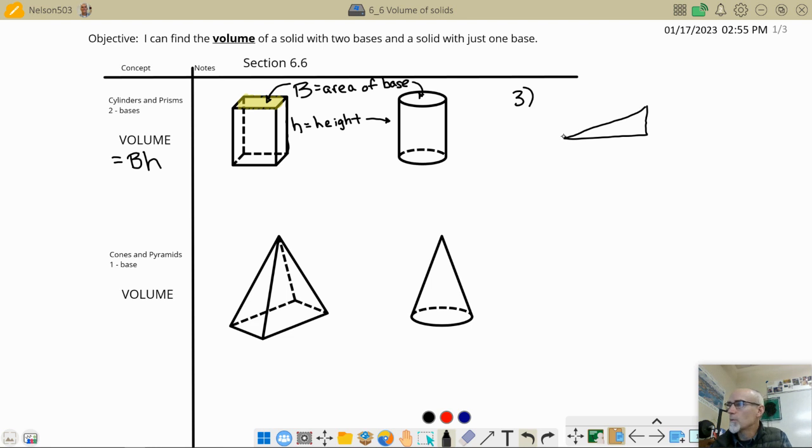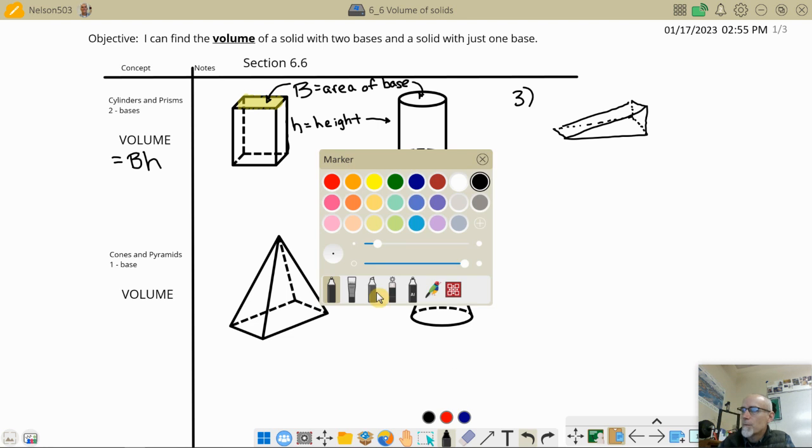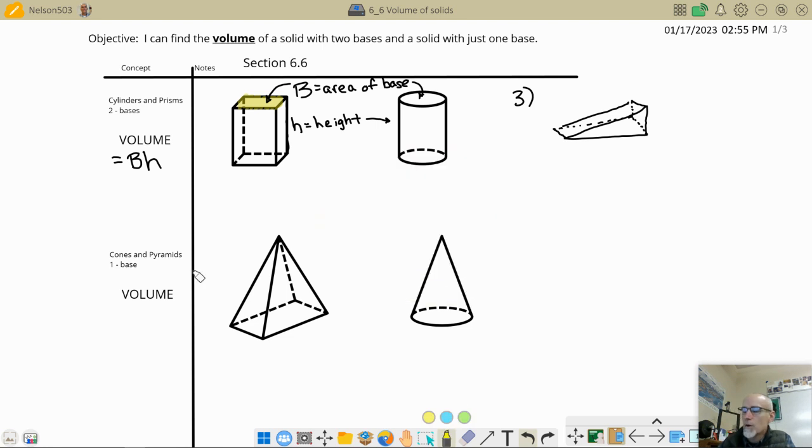Okay, I know sometimes these drawings are kind of a challenge to get down in our notebook, but it looks kind of like this right here, and they're tricking us a little bit, because remember, the bases, it's got to be two bases that are identical to each other, that they're congruent to each other.